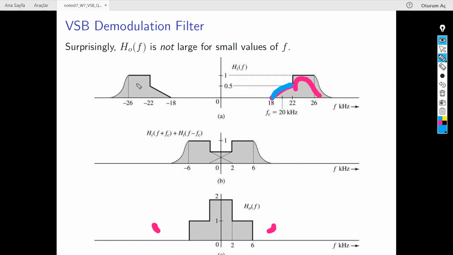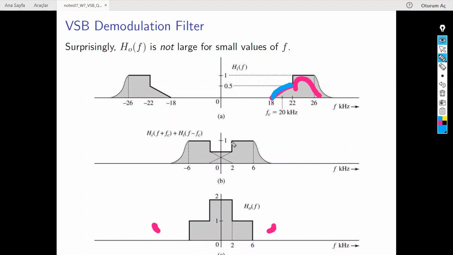Now you have the same here. When you multiply by cosine 2 pi fc t at the demodulator, you get one copy at the baseband and one at the high frequency spectrum. So we take care of the one near the baseband, and when you draw the signal around baseband, let's see together what happens.